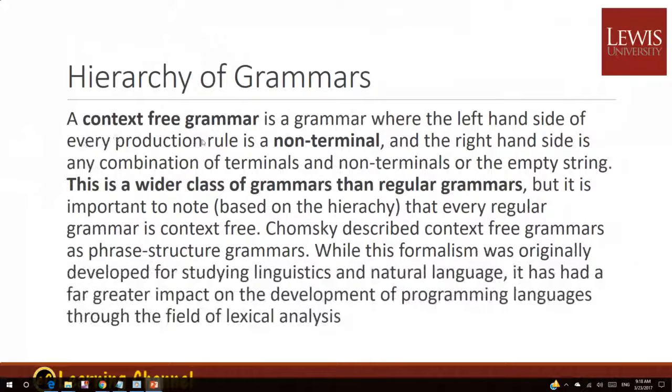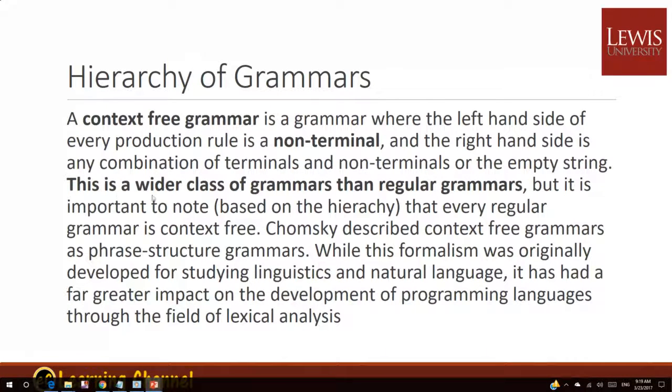Hierarchy of grammar. A context-free grammar is a grammar where the left side of every production rule is a non-terminal. And the right-hand side is a combination of terminals and non-terminals, or the empty string. So this is what defines the context-free grammar. Because its left-hand side has only one non-terminal, it is called context-free, not much context.